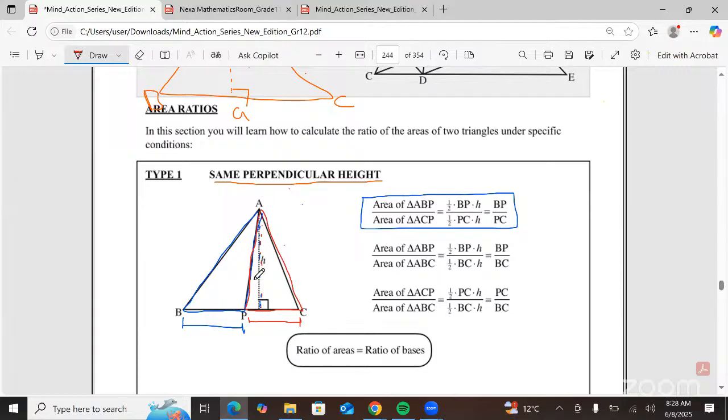So the formula for this will still be half times base times height. So half times the base for this triangle, PC, we substitute the base PC times the height H. Therefore, this H will cancel out with this one. This half will go out with this one. We will be left with BP over PC. Just like that.